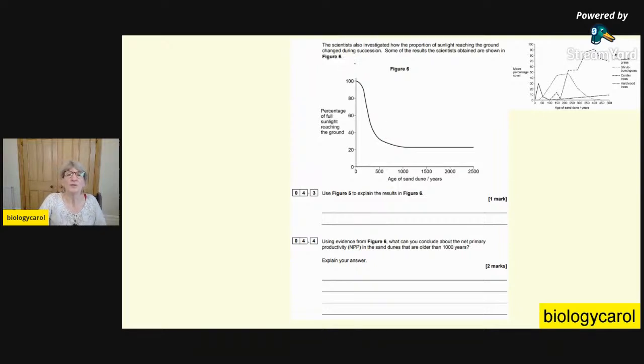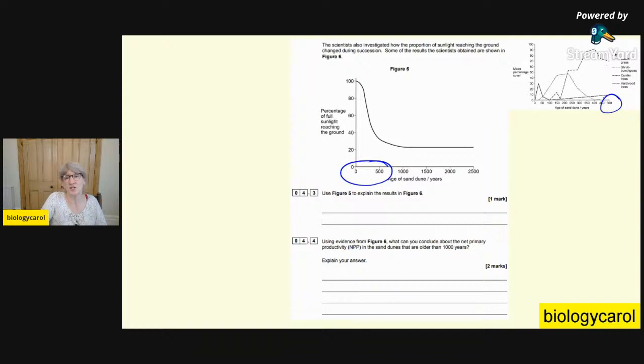So we are on: also investigated how the proportion of sunlight reaching the ground changed during succession. Some of the results were obtained. Okay, fair enough. Use figure 5 to explain the results in figure 6. Here's the crucial thing. You've got to notice the difference in the x-axis.